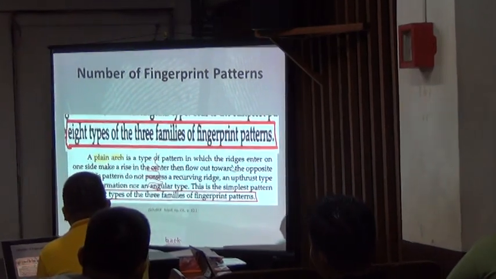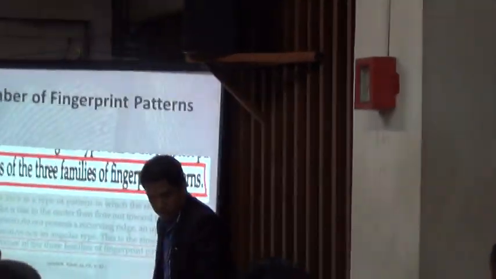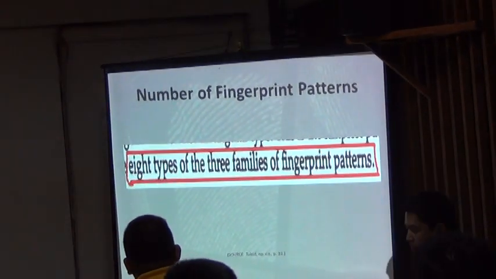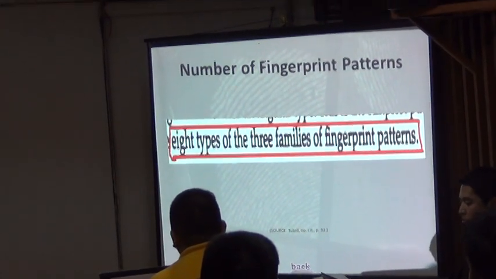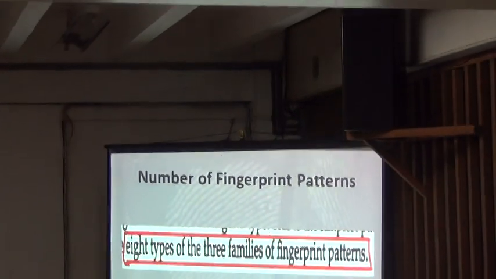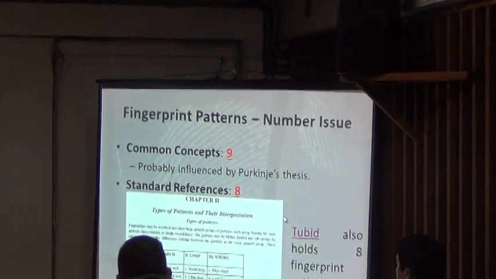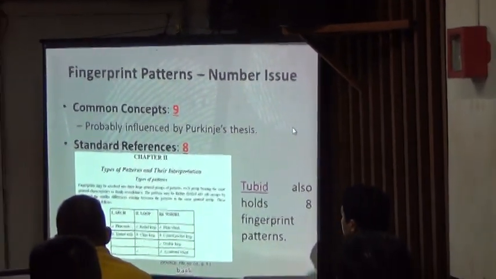In this book, he mentioned 8 types of 3 families of fingerprint patterns. So, on the common concepts, 9, and the standard, we have 8. Which do we follow? Please back, sir.